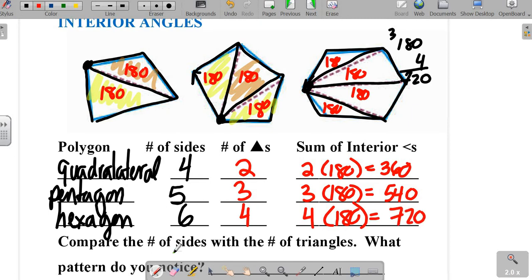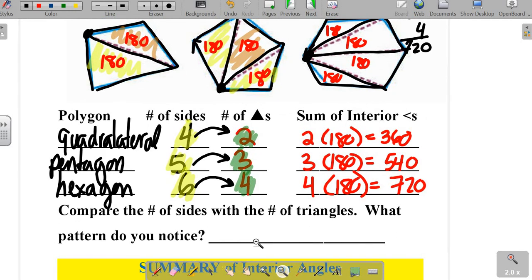So there's a pattern here. Watch this pattern. Number of sides, 4. Number of triangles, 2. Number of sides, 5. Number of triangles, 3. Number of sides, 6. Number of triangles, 4. There is a relationship between the number of sides and the number of triangles you can create using the diagonals of one corner.